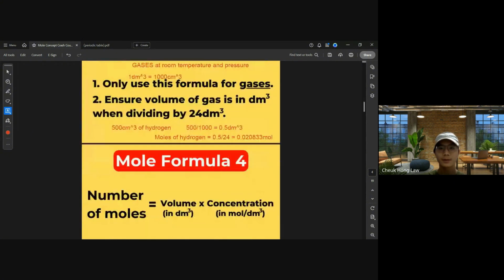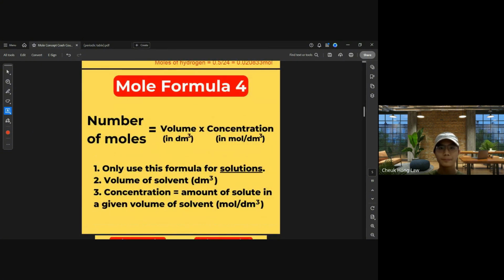Okay. Mole formula 4, we have number of moles equals volume times concentration. Okay. So only use this formula for solutions. So solutions are basically substances dissolved in water. Okay, this is a solution. When a substance dissolves in water, it forms an aqueous solution.